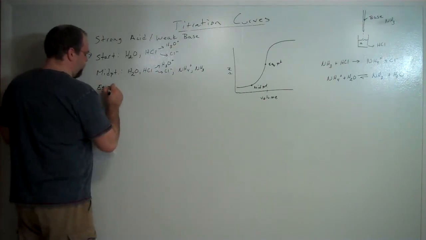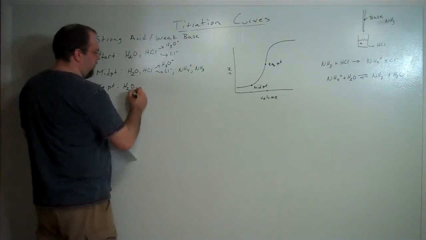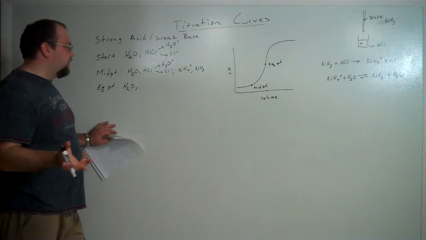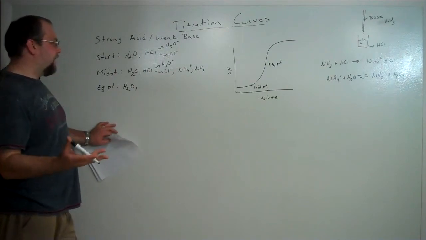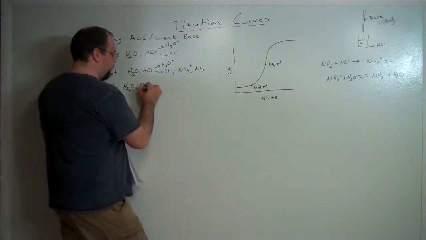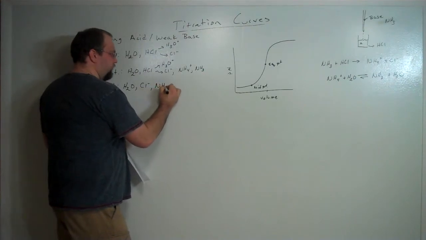At my equivalence point, I'm going to have my water that I started with. Now, all my acid and all of my base have reacted together. So I don't have any HCl. I don't have any hydronium. I have chloride. I have NH4+.